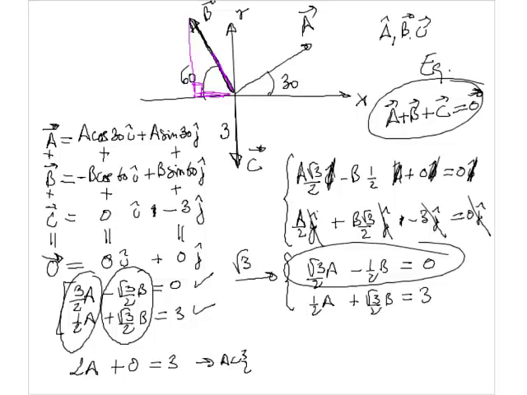Hang on, I need to memorize this one. Okay. Let me show you this method. So we had square root of 3 over 2 a minus 1/2 b is equal to 0.